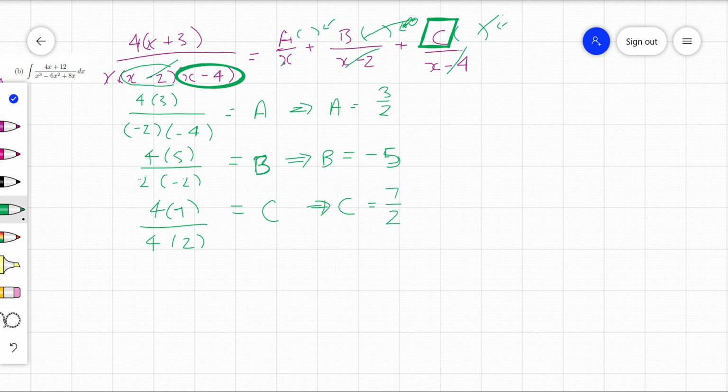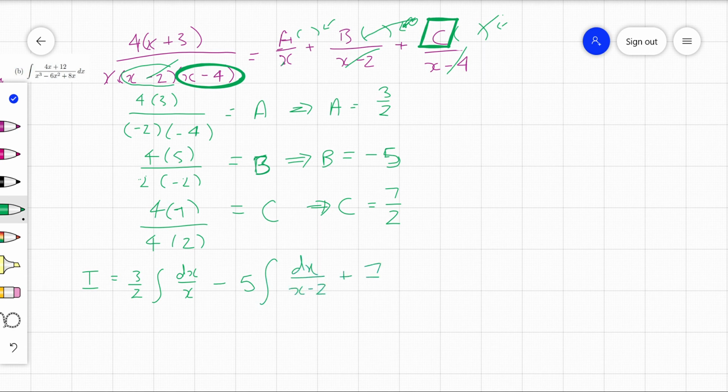All right, so then our integral becomes, let's put the A out the front. So we've got 3 on 2, and we're just left with dx on x. Let's put the minus 5 out the front, so we're left with dx on x minus 2.